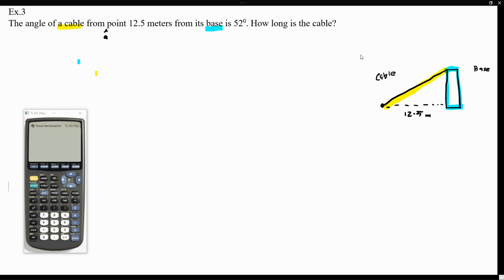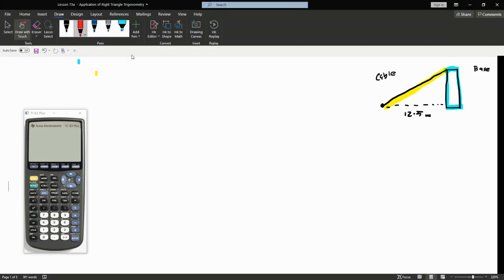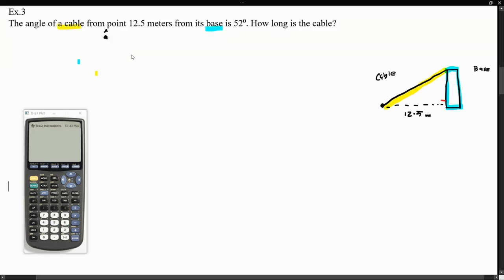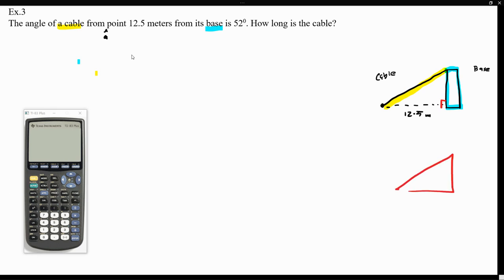And again, notice that the base better be perpendicular to the ground. So we have a right angle here. So now we can think about this as one of those right triangle problems, because here we have a right triangle. And I forgot to mention that the cable creates 52 degrees from the base.